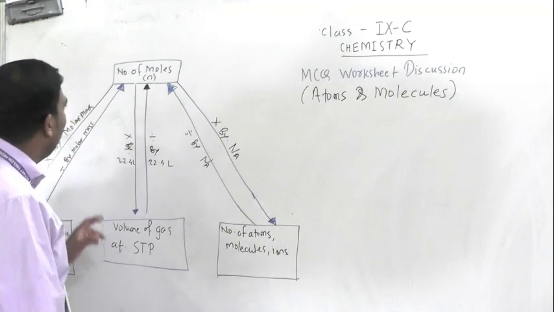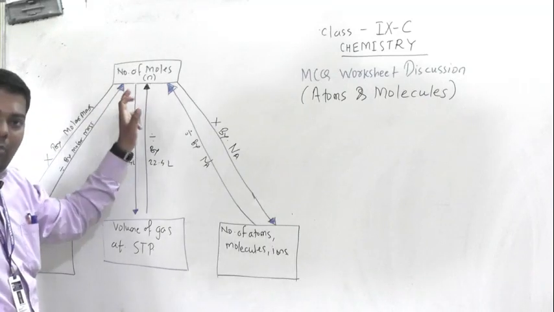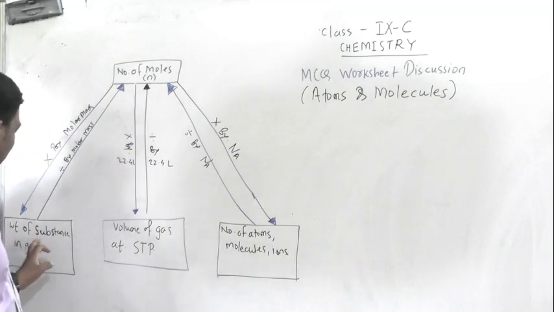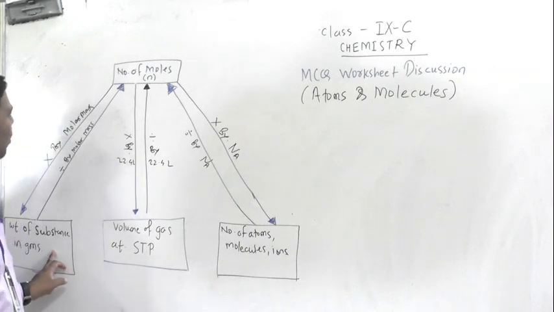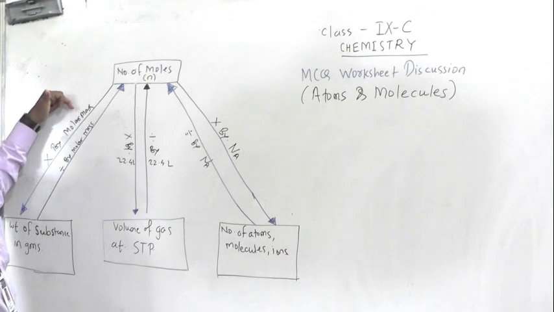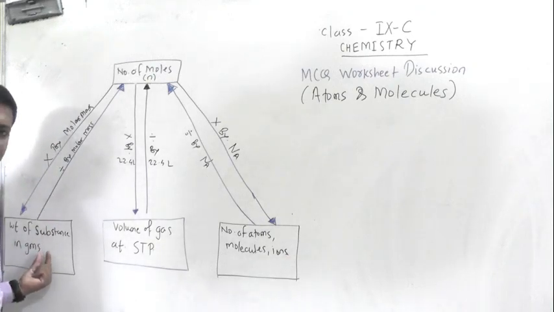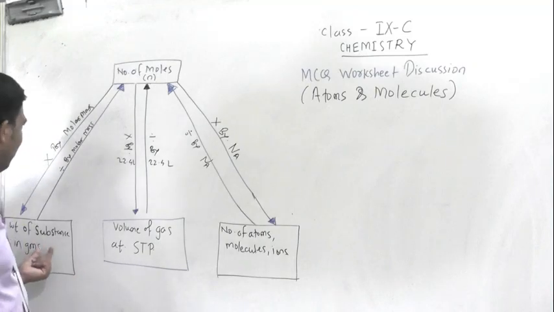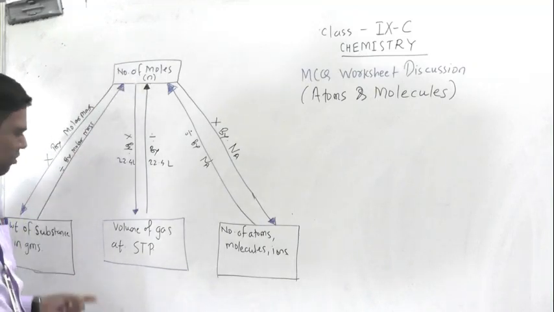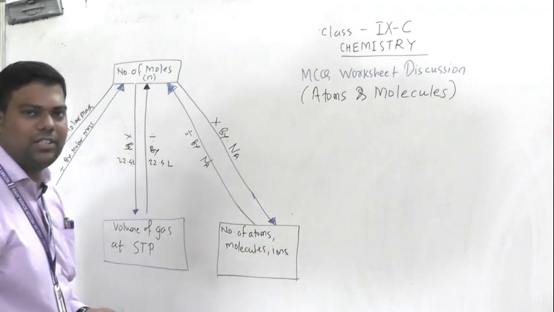Number of moles is small a. From the number of moles, whenever we have to calculate the weight of a substance in grams, we multiply by molar mass or atomic mass. If the weight of the substance in grams is given, then we calculate the number of moles by dividing by molar mass or atomic mass.